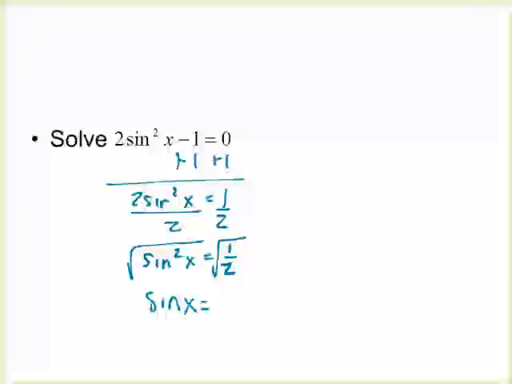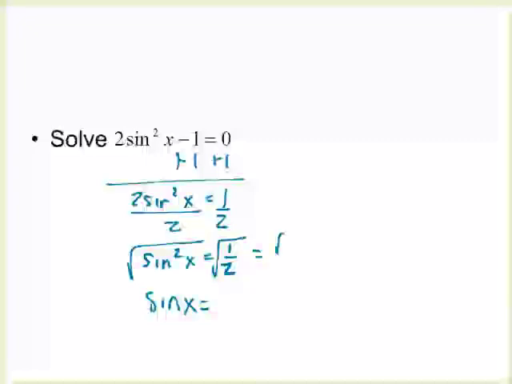So sine of x equals, how do I take the square root of a fraction? Not in your calculator, because it will give you a decimal, which will not be helpful to us with our special triangles. You do not need a reciprocal. Split it up. Square root of the top and square root of the bottom.